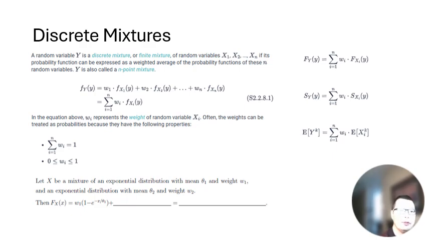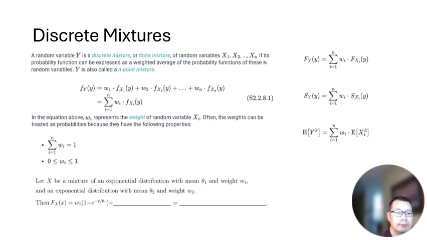So here is the formula where w is the weight of random variable Xi. The weights should have the following properties. The sum of the weights should be equal to 1, and each weight should be less than or equal to 1 but greater than or equal to 0.